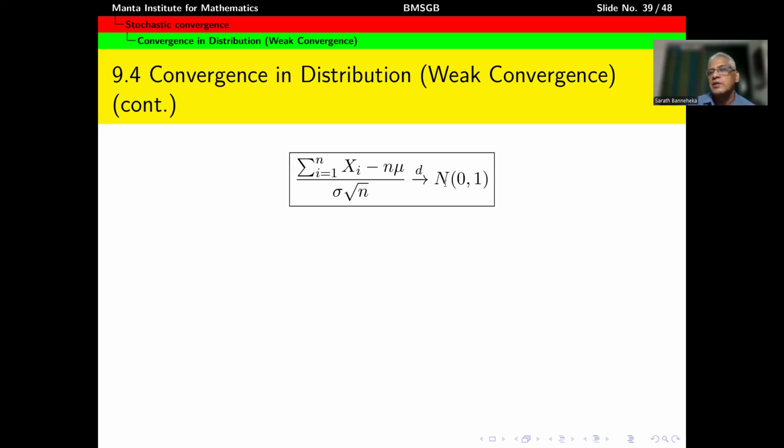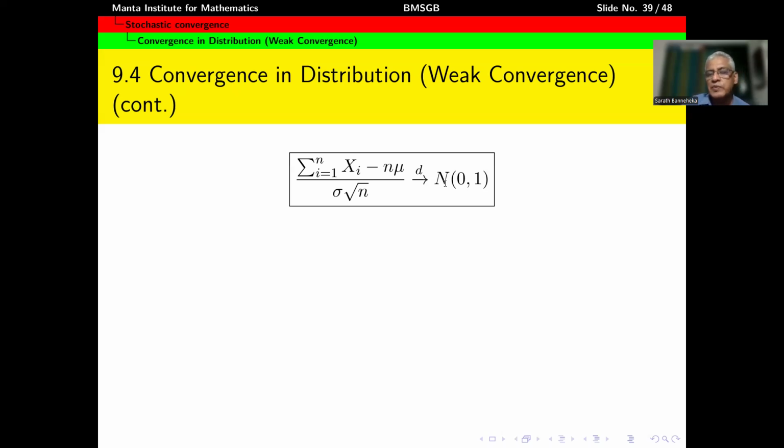People usually consider this theorem to be valid when the sample size is greater than or equal to 30. But actually, you have to be careful when you are applying this because that's not a standard theorem or something, right?